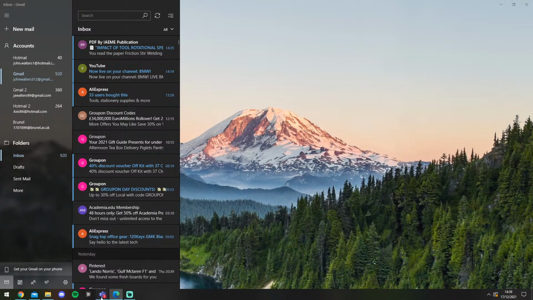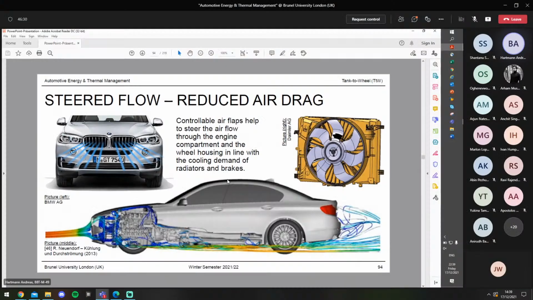And then it's about blocking the airflow, because as you can imagine, if the air flows through the vehicle, starting at the front of the vehicle, passing by the radiators, passing by the engine, and leaving again to the underfloor, the air drag is very high. And this must be avoided.